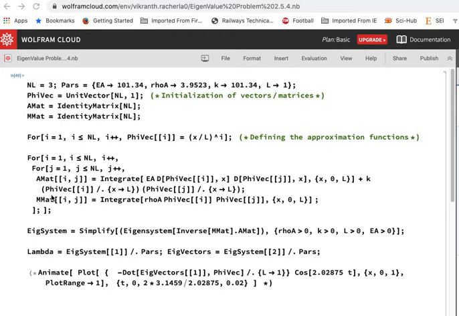Whatever calculations you normally do by hand, using Mathematica you can do much quicker and in an automated fashion.